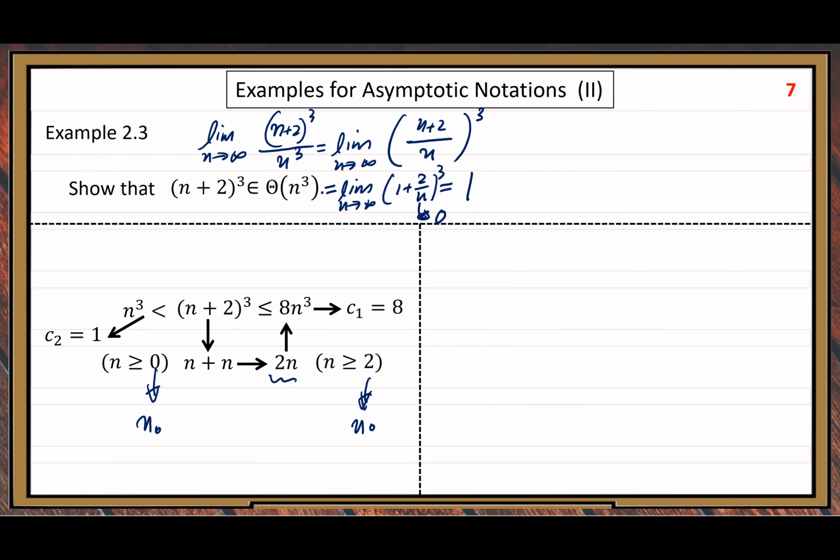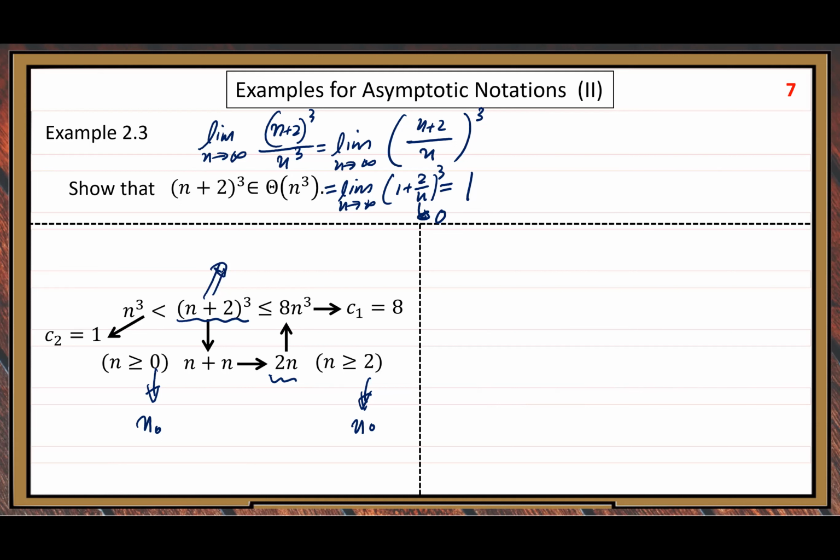Here, I like to mention a problem I saw from my students' work before. Many students, when they work on this question, did it this way. They expand this (n plus 2) polynomial.